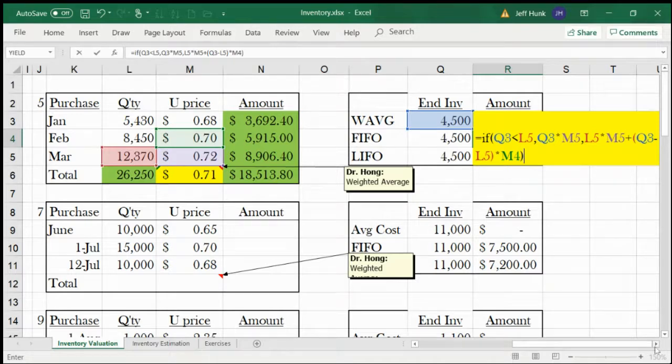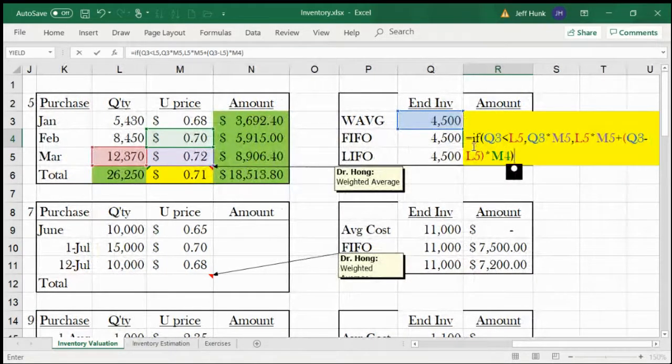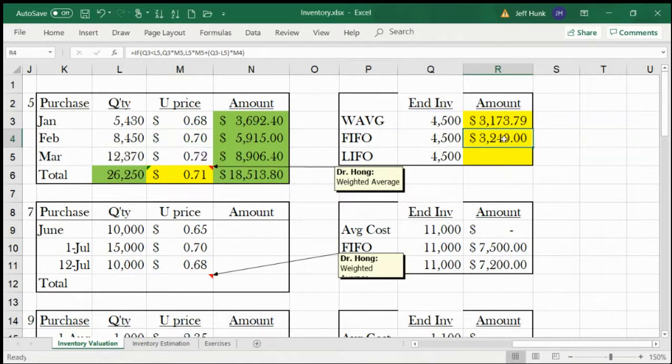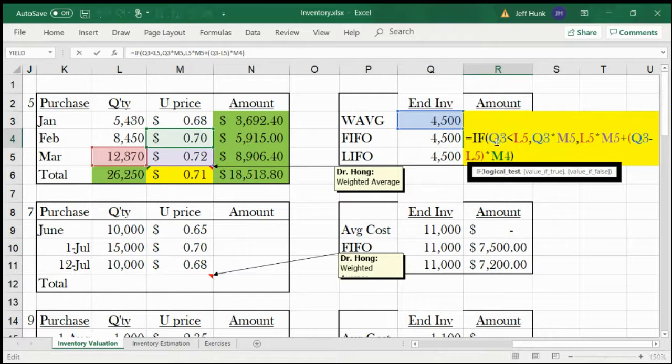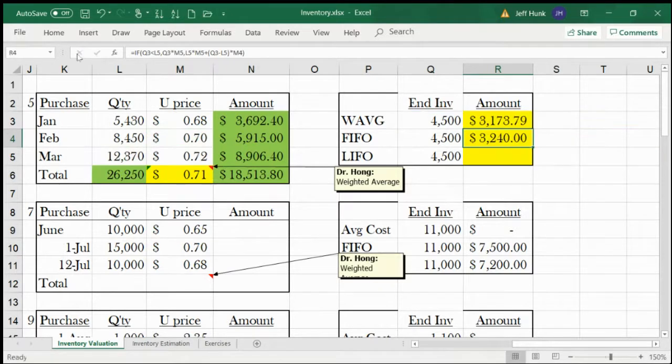Excel will notice, Excel will understand. Excel, I've been telling you, is so smart, right? Smarter than you think. So it automatically makes a comparison. So it will pick this, and this won't be executed. Only this will be executed, right? So hit enter, you will see. Okay. So that's this times this, this times this, and I'm sorry, this times this.